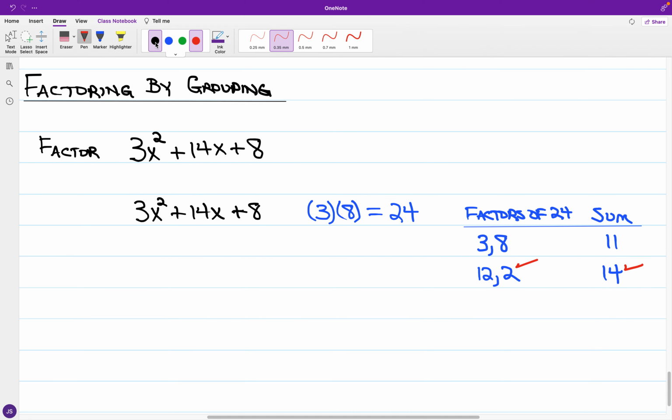And in terms of how we're going to involve 12 and 2, we're going to reference the middle term of this trinomial. We're going to take 12 and 2 and form x terms upon splitting up the 14x.